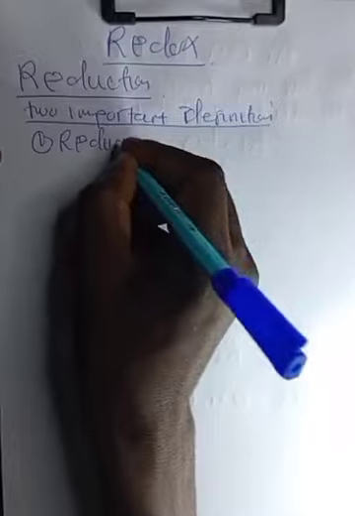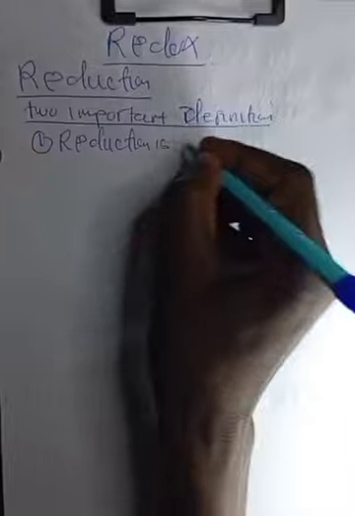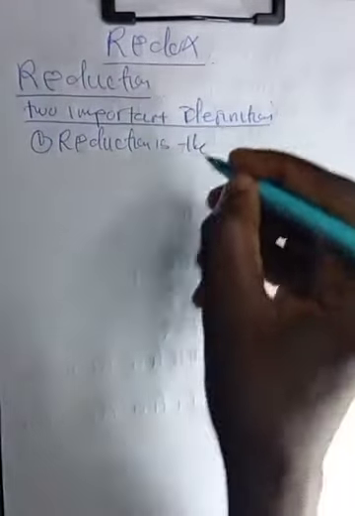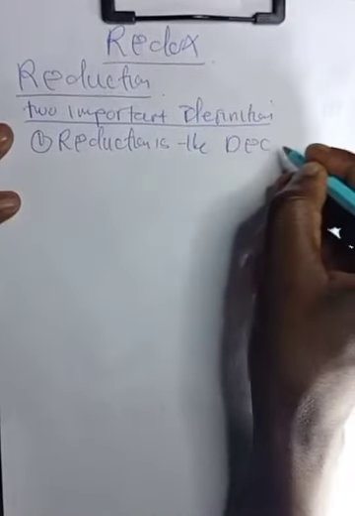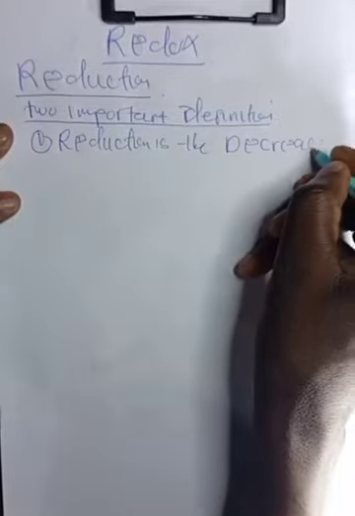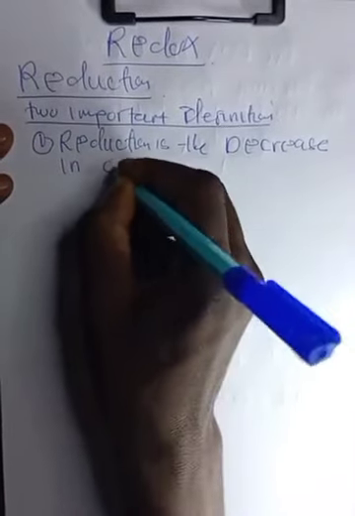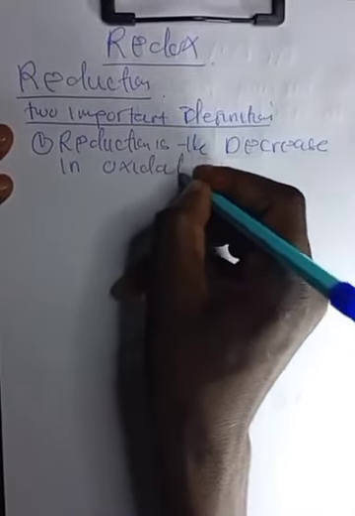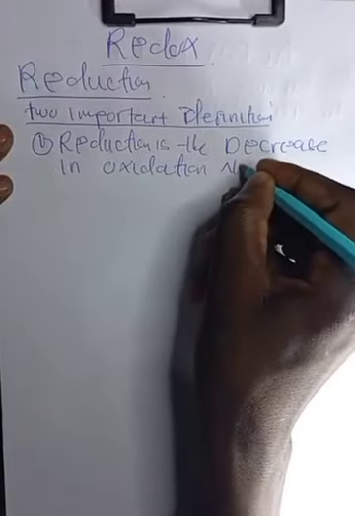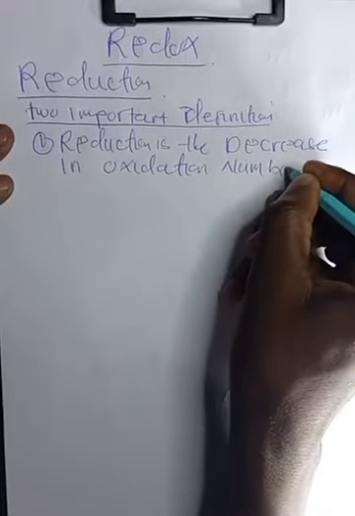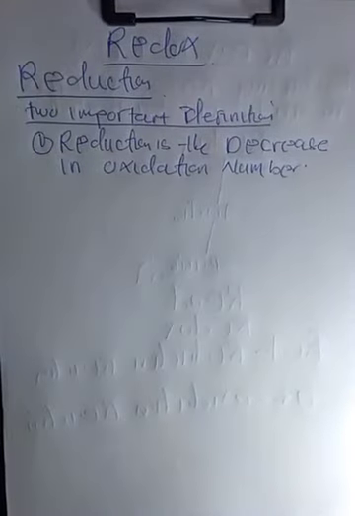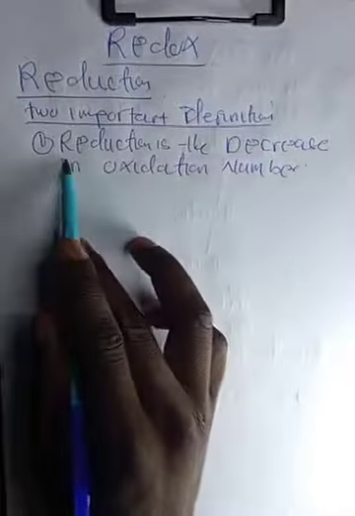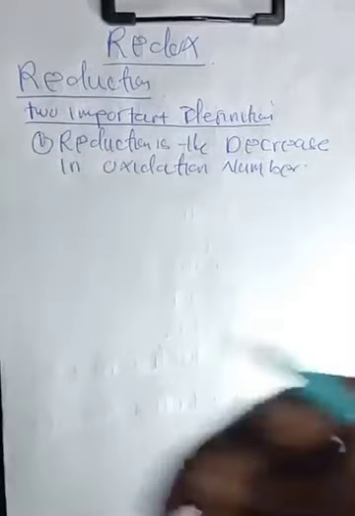Reduction is the decrease in oxidation number. I will define what an oxidation number is in the meantime, but we know that reduction can be defined as a decrease in oxidation number.